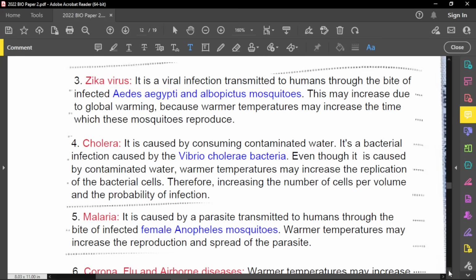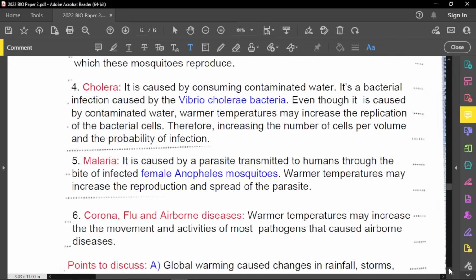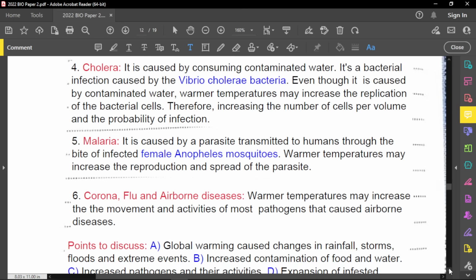For the fifth option, you have malaria. And malaria is caused by a parasite transmitted to humans through the bite of an infected female Anopheles mosquito. All right. And warmer temperatures may also increase the reproduction and spread of these parasites. And the sixth could be the coronavirus, the flu, and any airborne diseases.